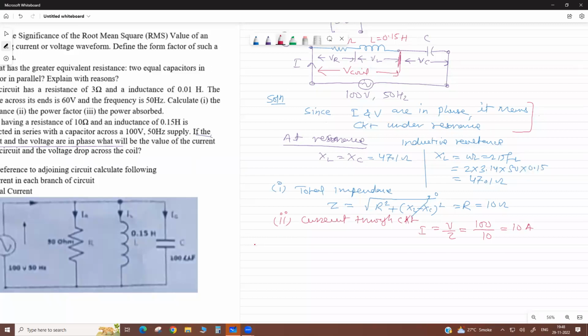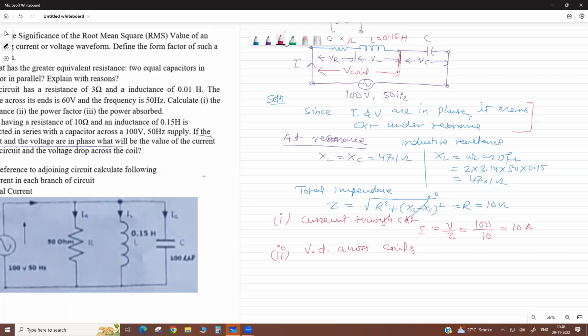Now the next part. Actually, they ask only the first part. That is part 1. In part 2, he asked for VD, the voltage drop across the coil.